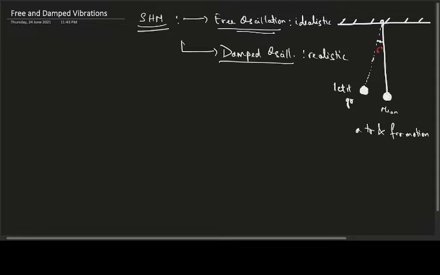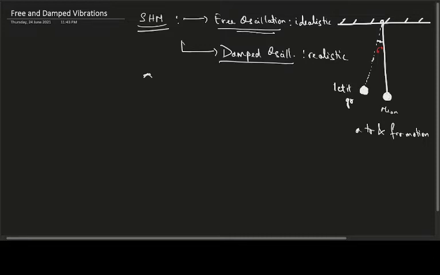Because in the case of damped oscillation, when you let the bob go from a 6 degree angle over here, it will move to very close to 5.9 or 6 degrees over here, and then to, let's say, 5.7 or 5.5 degrees on this side, and then again to the right, to 5 degrees. So the angle will gradually decrease and the bob will ultimately reach its mean position, and this time is very short. The bob quickly reaches the mean position, or you can say the amplitude of this oscillation decreases exponentially.